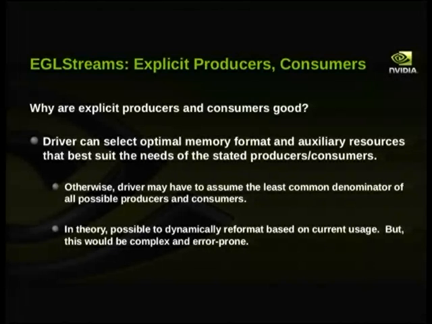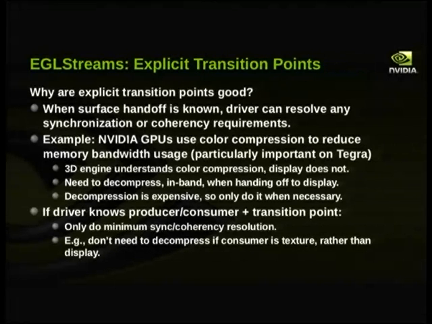If we don't have that sort of information, then a driver potentially has to assume the worst case. Maybe drivers should be clever about dynamically reallocating surfaces with more optimal memory format on the fly based on the usage, but that gets complicated and error prone.